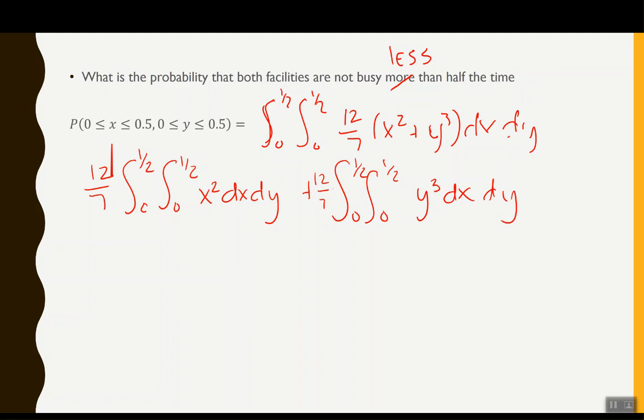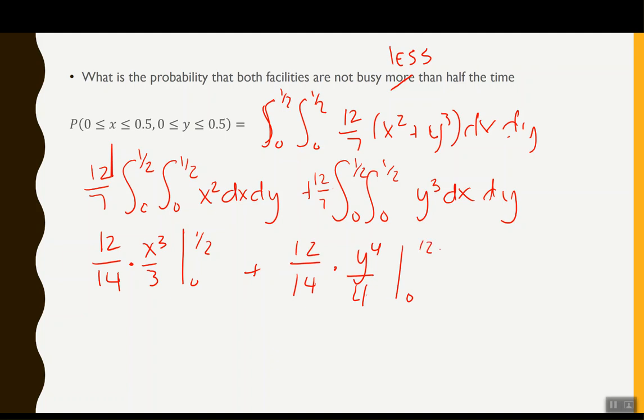And what we would get, when we take our double integral, we find out that the probability of both of these being used, both the drive-through and the counter, less than half the time is just 5%.